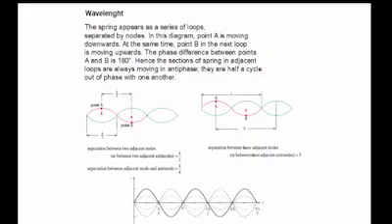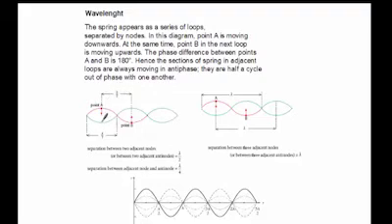The wavelength for a standing wave: the separation between two adjacent nodes will give us half a wavelength. Also, the separation between two adjacent antinodes is lambda over 2.